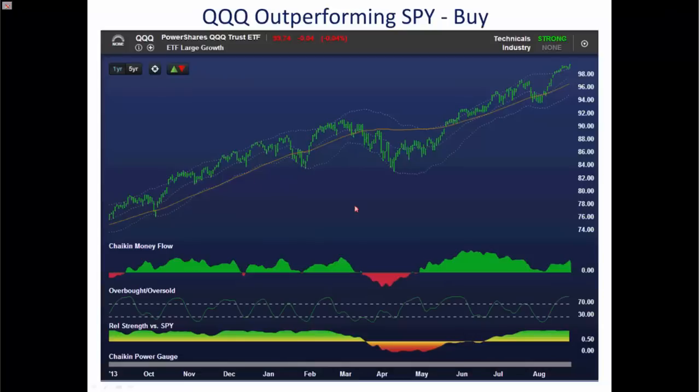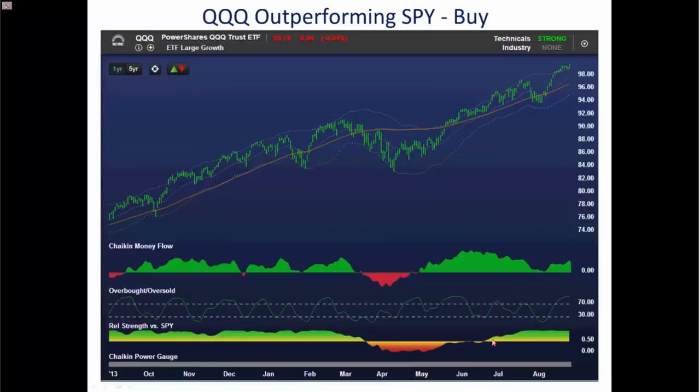So how do you use Chaikin Analytics to trade ETFs, market-based ETFs better? Well, you look at the relative strength, because we don't have power gauge yet. If the triple Qs are outperforming the Spiders, and we know that because the relative strength is green, not red, you want to find any excuse in the world to buy that on a dip.